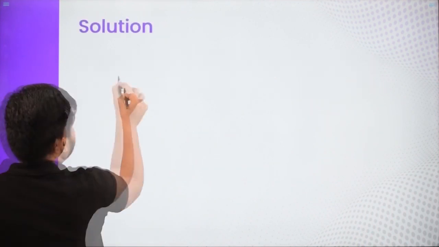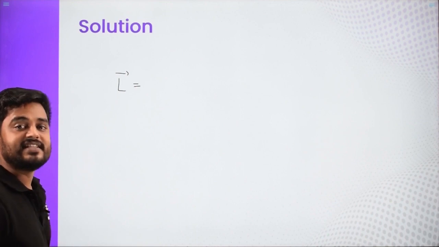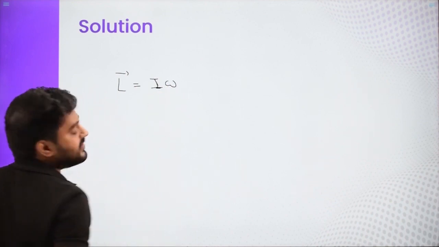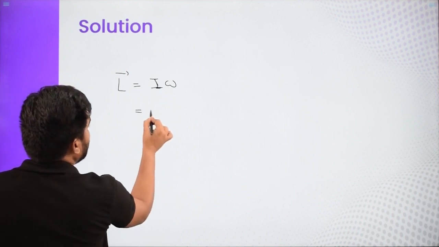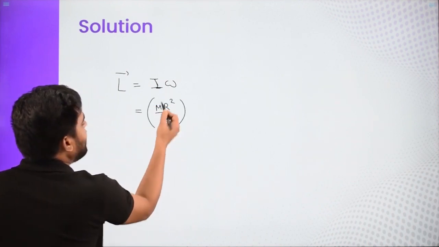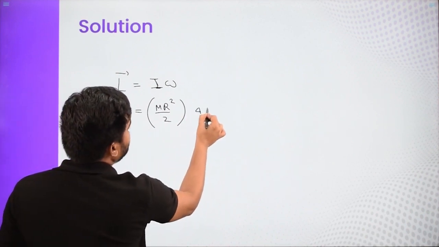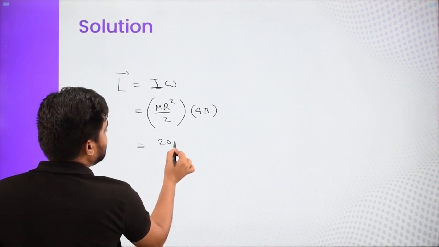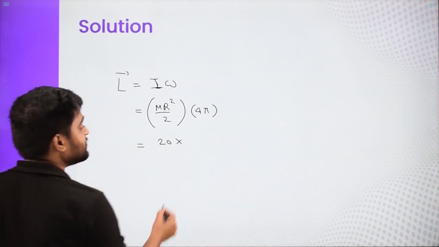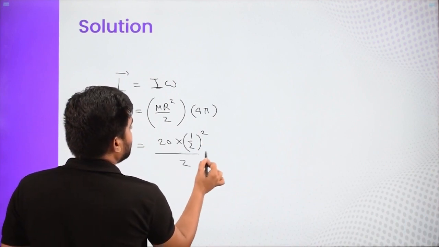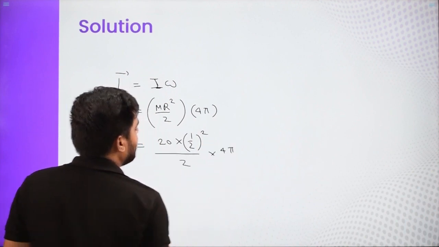The L vector which has been asked, its magnitude is I omega. I is mr square by 2, into omega, which we already found is 4 pi radian per second. Mass was given as 20 kg, into radius 0.5 squared, divided by 2, into 4 pi. Let us solve this.